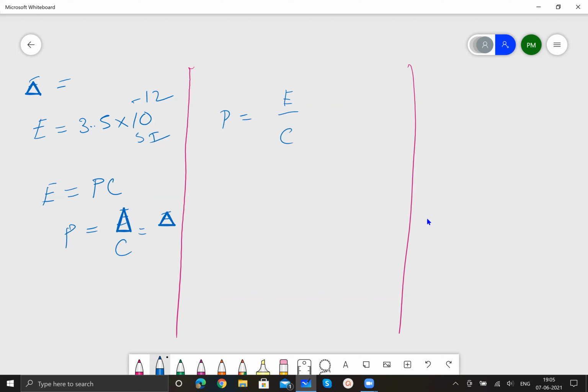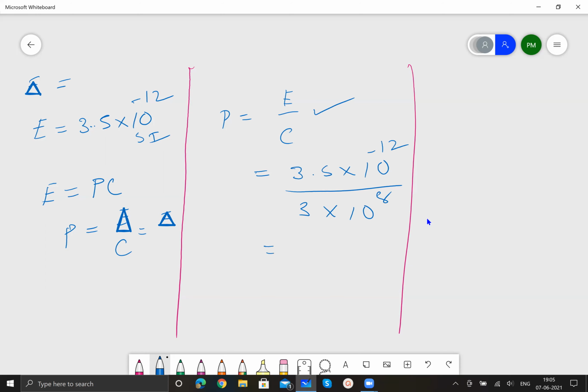So just substitute the values. Simple question, but getting the idea of this formula. This is a need based question only. 3.5 into 10 to the power of minus 12 by 3 into 10 to the power of 8, speed of light.